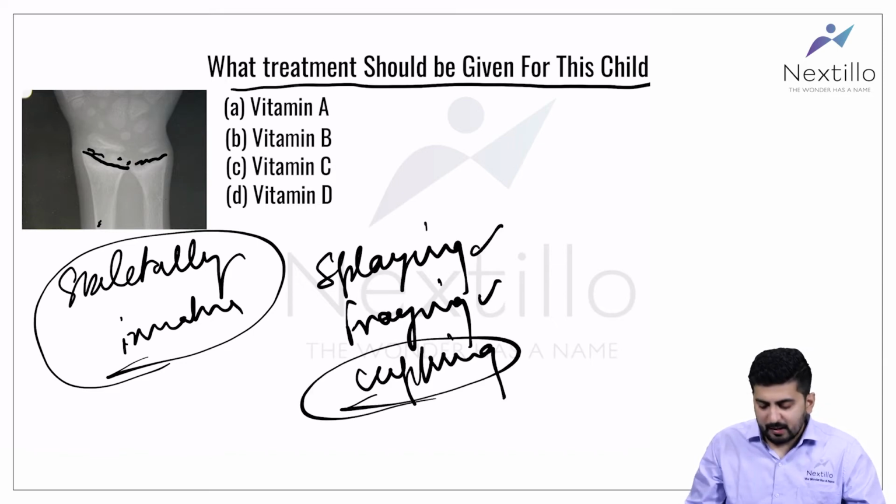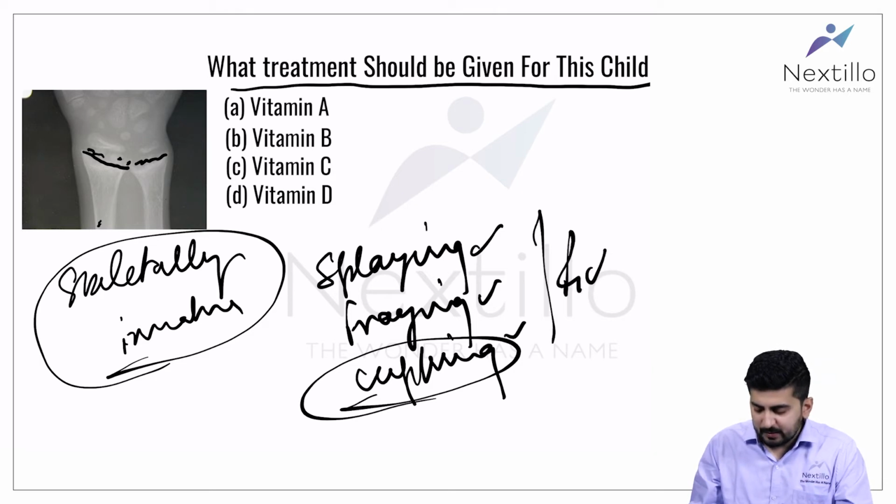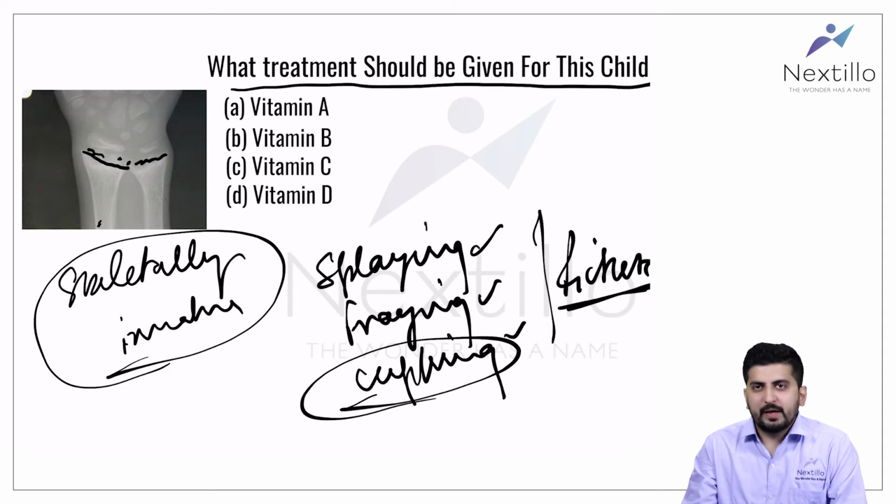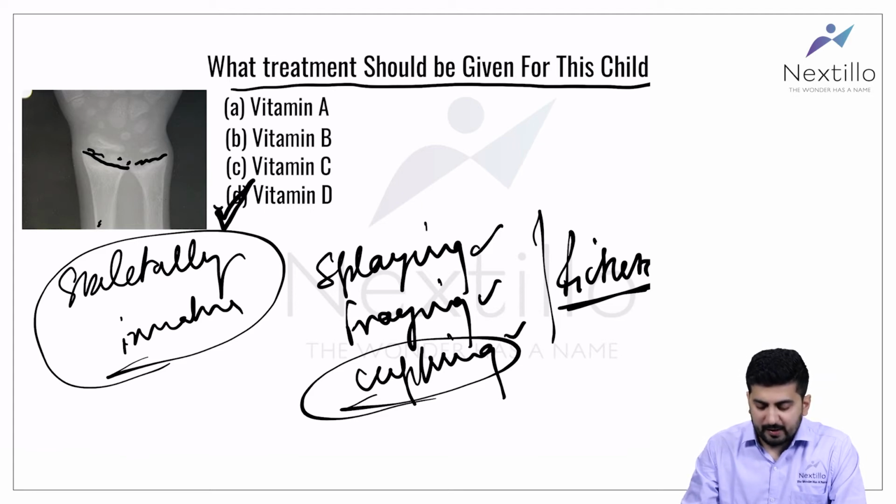Now these are characteristic of rickets. And we all know that for treatment of rickets, which is a vitamin D deficiency state in children, the best option to be marked is vitamin D because that should be given for the treatment of this child.